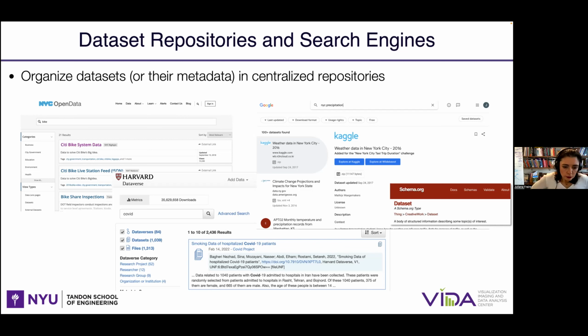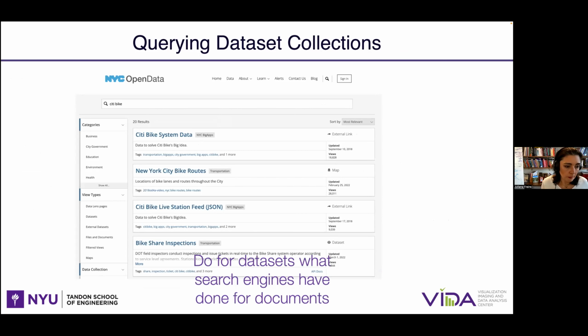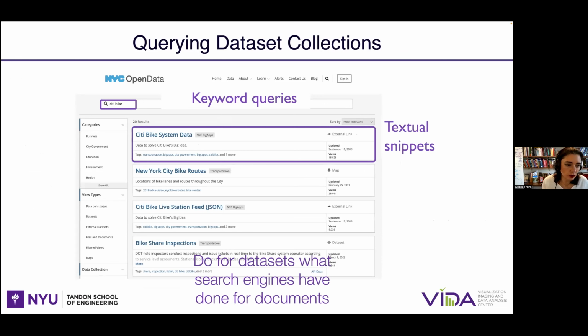right? So the way that these data set repositories work is very much like your traditional search engine. You can enter a keyword, like, for example, city bike, and these systems will return a list of textual snippets with some description of the data sets.